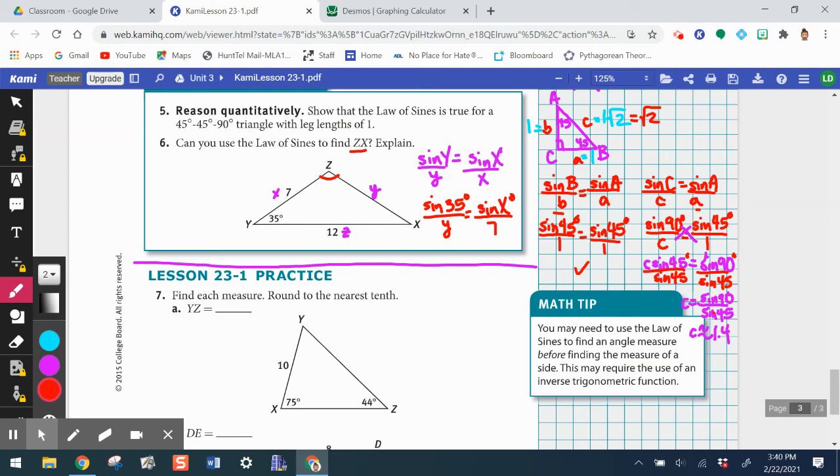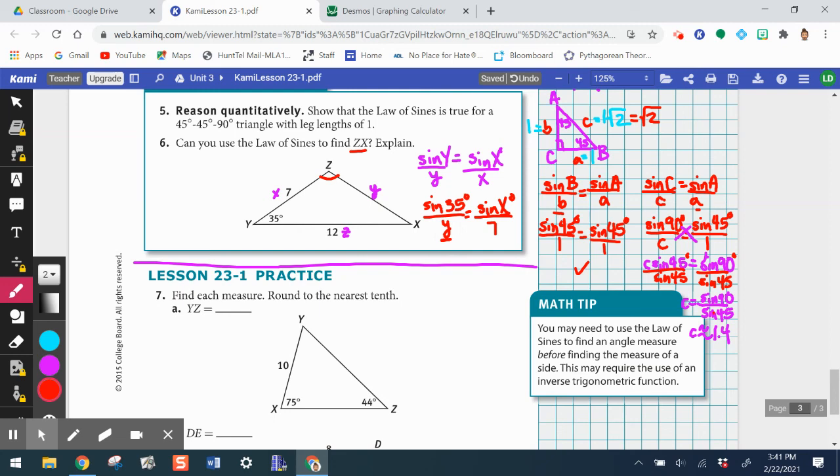And in my other ratio, I don't know the measure of angle x, which should already be throwing some red flags at you. But I did know that lowercase x was 7. So here's the issue. We now have two missing variables in our proportion, and it's near impossible to solve for two missing variables in the same equation.